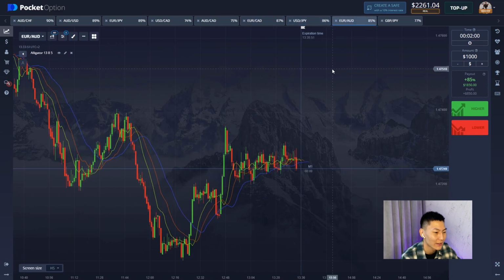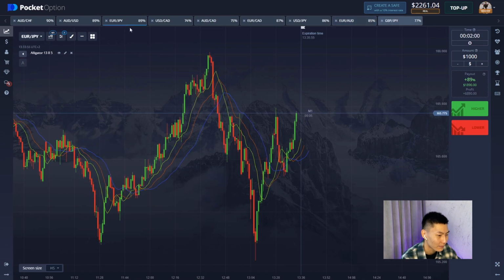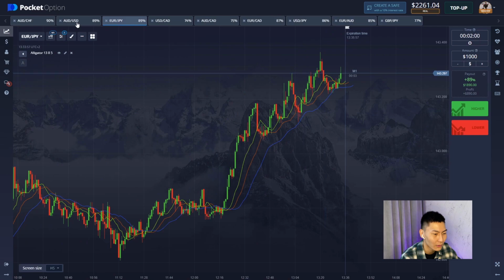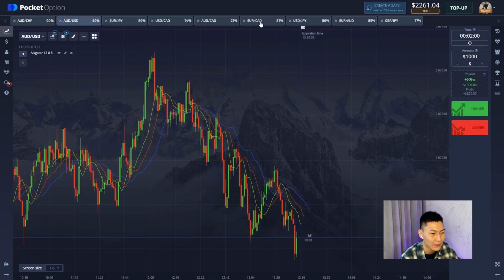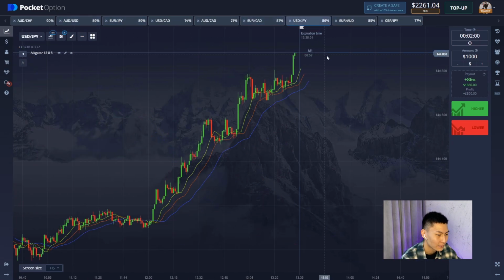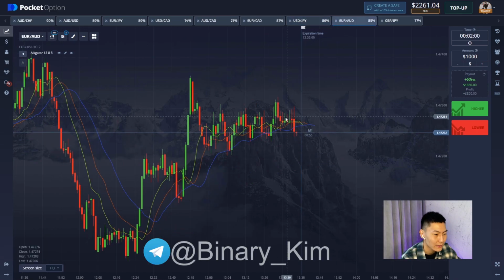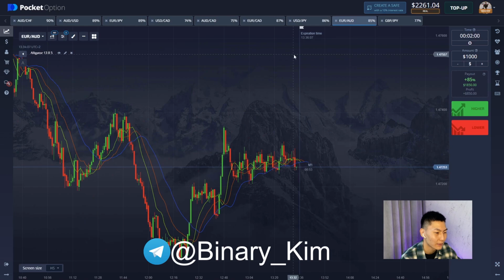So let's change the currency pair and define the most promising trend entry. I think you already understood the principle of trading with this indicator. Detect the nearest correction and take action from here.